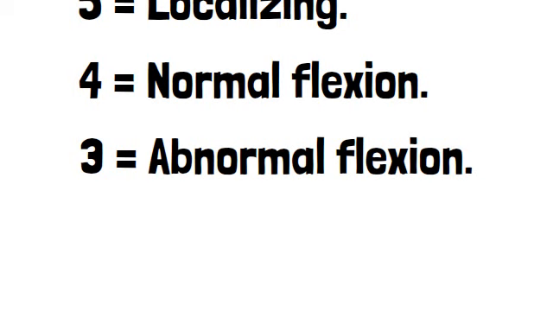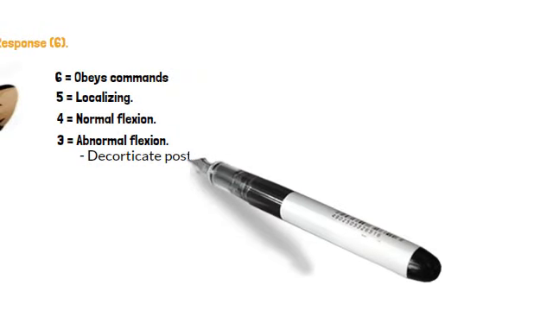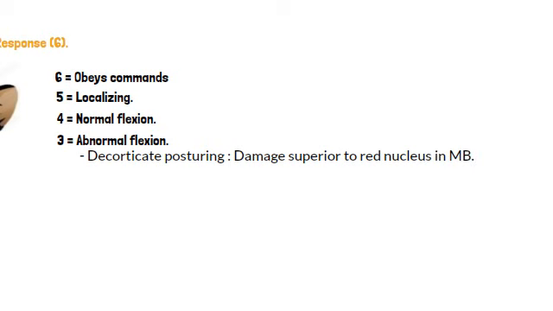Abnormal flexion is described as slow elbow flexion directed medially across the body. This type of response is referred to as decorticate posturing and is suggestive of neurological injury which is superior to the red nucleus in the midbrain.